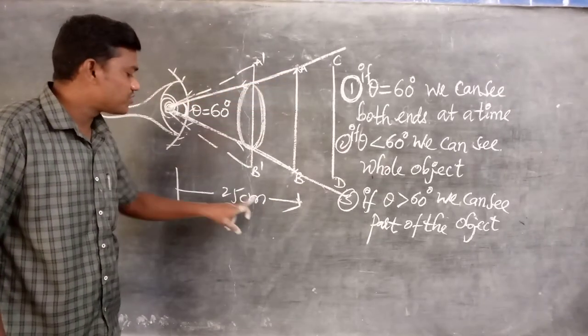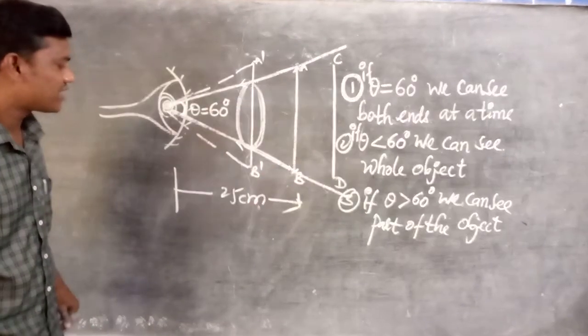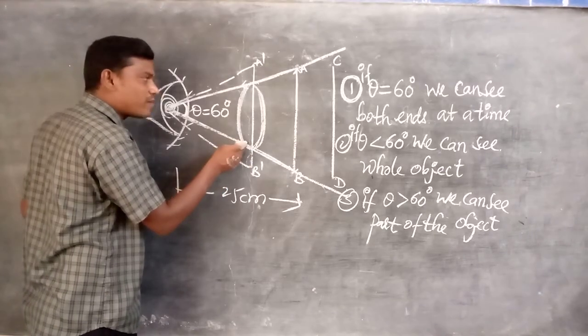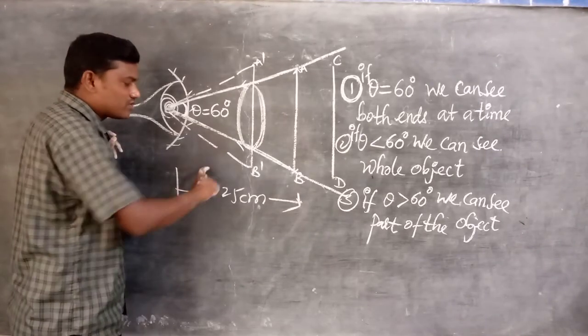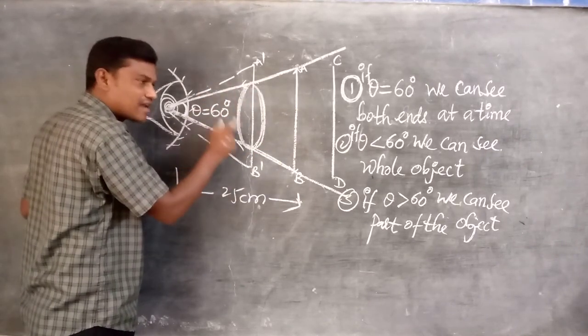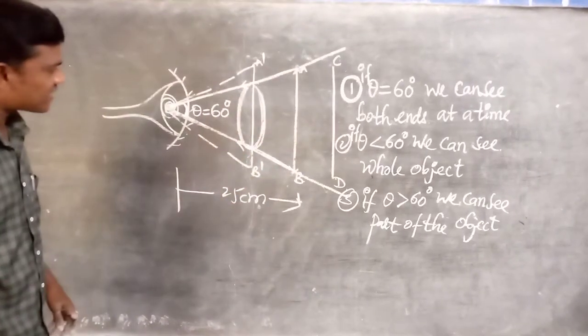When the object is at 25 centimeters, we can see the extreme positions at a time, or simultaneously. If the object is below 25 centimeters, then what will happen? Angle of vision: 60 degrees is common, because a healthy person with a normal eye is able to see both ends or extreme ends at a time.